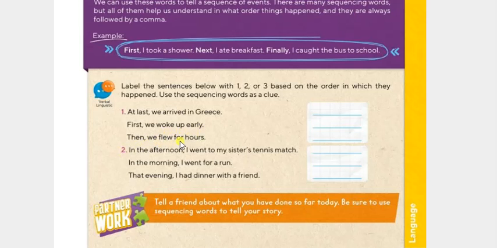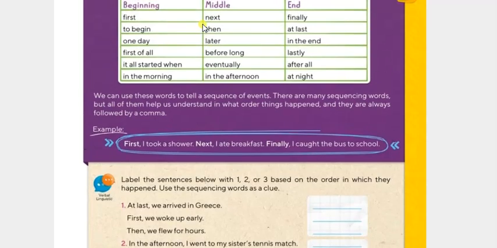Then, we flew 4 hours. So, according to our words that we have here, which goes in first place? Which has to be first? Okay. We already said it, right? This should be number 1.